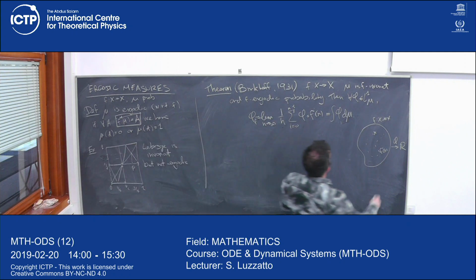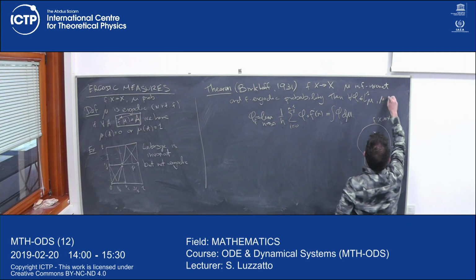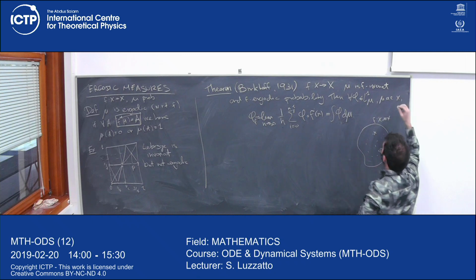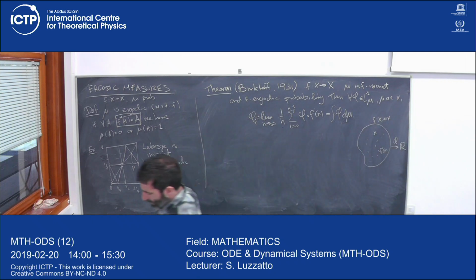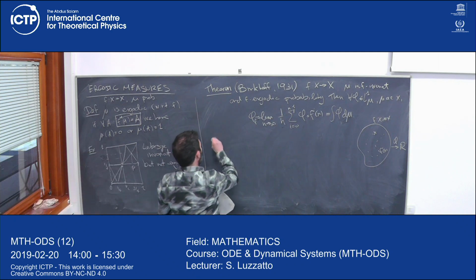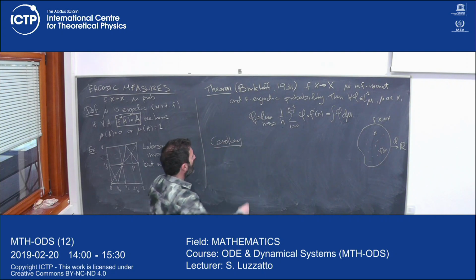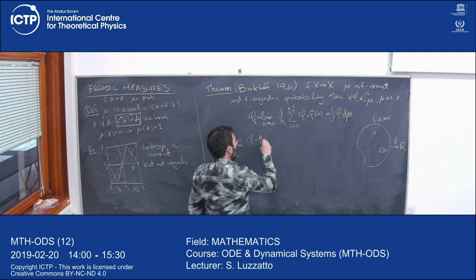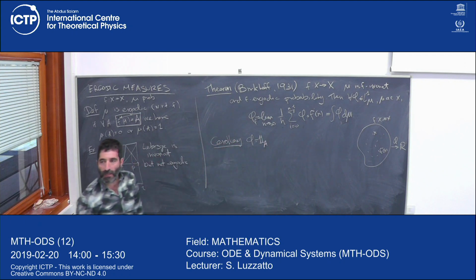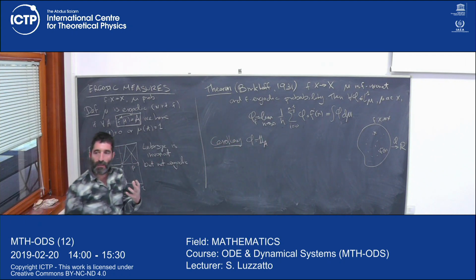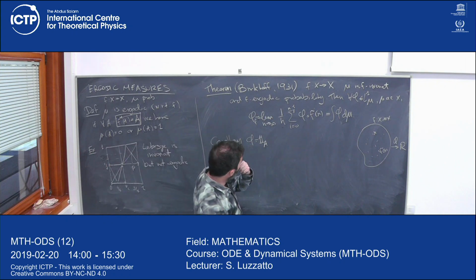For all phi and mu almost every x, this converges to the integral of phi d mu. I'm going to give the same example as before as an immediate corollary. If phi is equal to the characteristic function of some set A, then this is where it's really striking, okay?